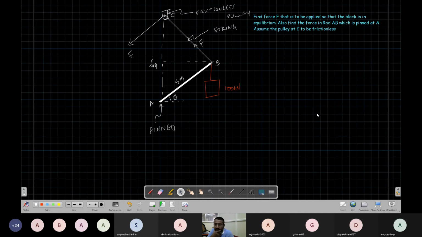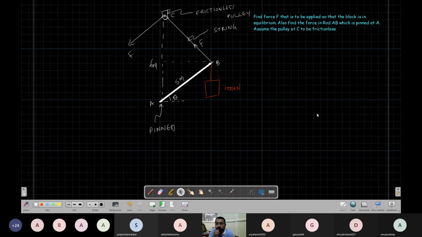Is there any other distance that you need? You can solve another question. I think I have to give some angle also.